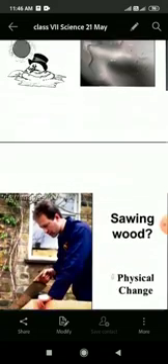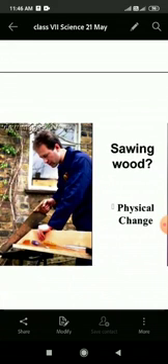Thus we can say melting of ice is also an example of physical change. We can also see sawing wood, that means if we cut a log of wood, in that case also after cutting with the help of a saw, it may convert into pieces or in the form of planks.